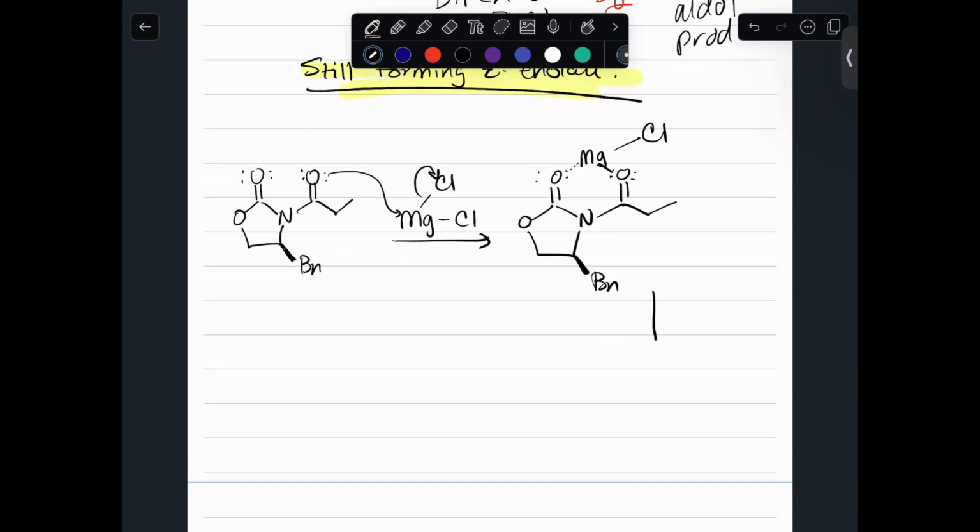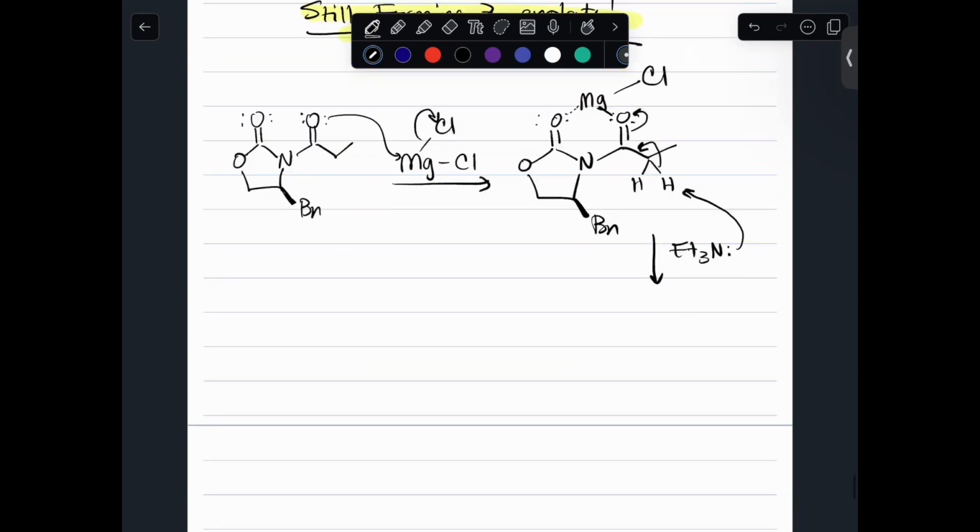You treat it with DIPEA or triethylamine, right? I'll use triethylamine so that I don't have to draw out the DIPEA. Just like before, you deprotonate at the alpha carbon and you form your Z-enolate. Nothing new. So let me go ahead and draw out that intermediate down here.